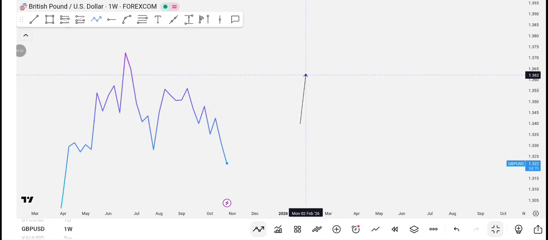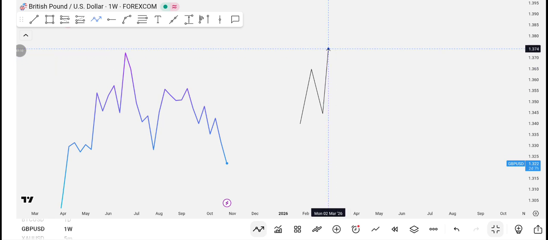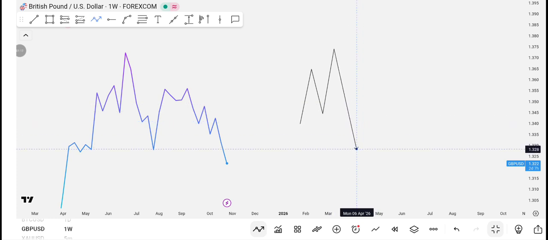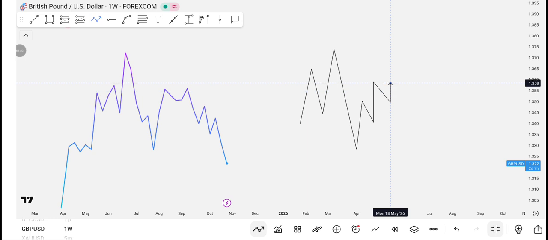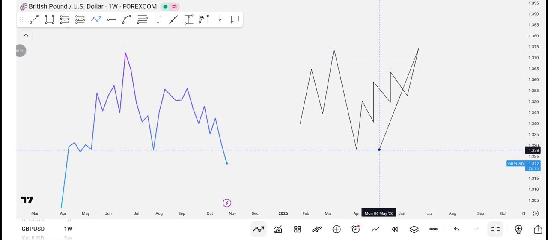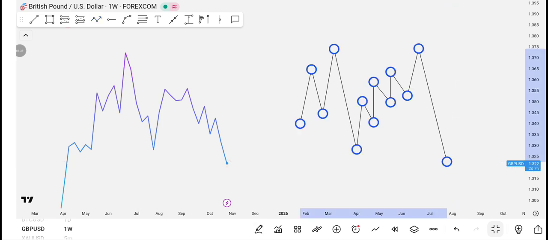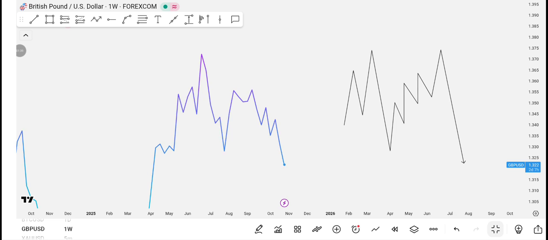Whenever you see something like this, a level that swept a previous high, this one now is for the sell, swept a previous high, broke structure to the downside, then created liquidity, then came back to a point of interest, then sold off, targeting this low here. So this was what happened on this pair, GBP USD.